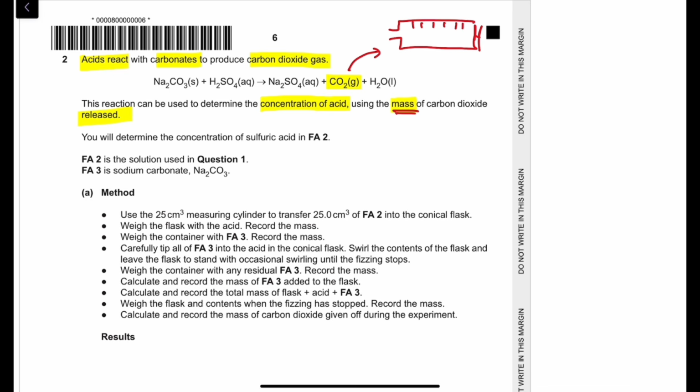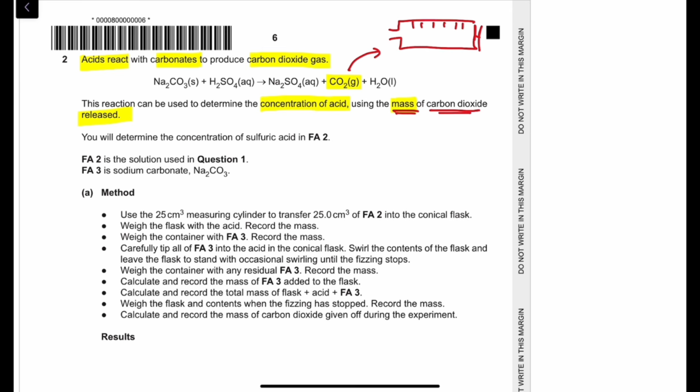However, this time we're using mass released. What will happen is as CO2 gas is produced, it's going to escape because it is a gas and result in a reduction in the mass of the reaction mixture.